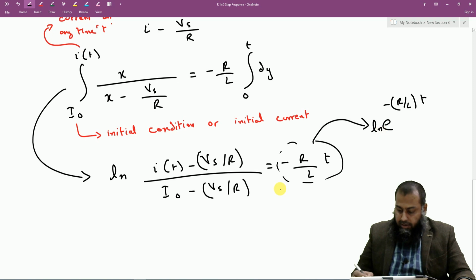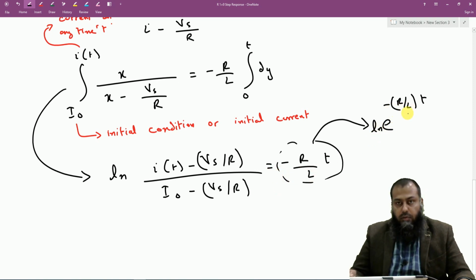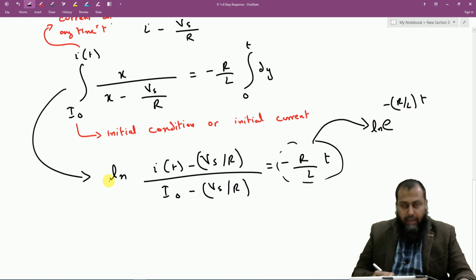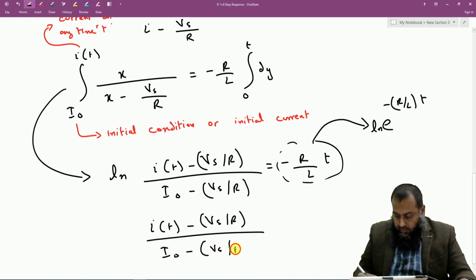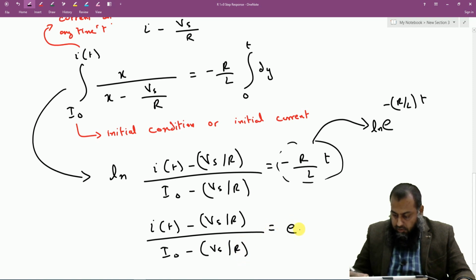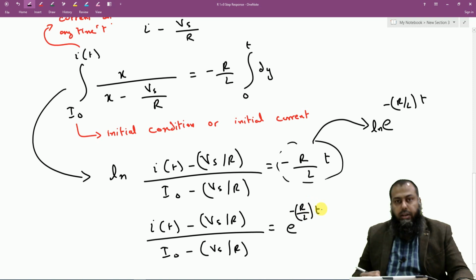If I take a log and write log of e raised to the power minus R over L t, then this natural log will cancel with this natural log, leaving behind only (i minus Vs over R) divided by (I naught minus Vs over R), and that is equal to e raised to the power minus R over L times t.